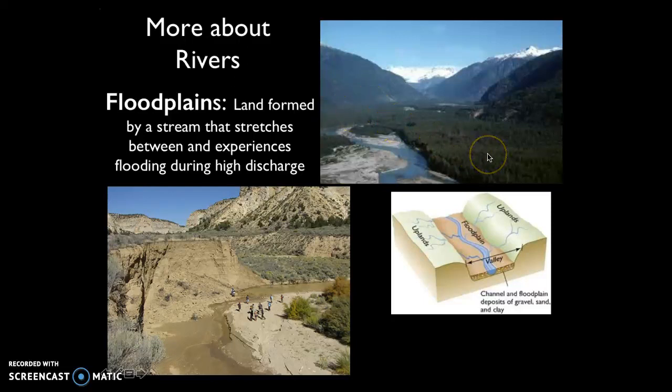So that's going to be the largest floodplain you have, say 1,000-year kind of floodplain, or maybe 500-year floodplain, meaning it's not very often that you're going to get that much water above the confinement of the channel. But if you do, the water can go all the way to the bottom of those mountains.